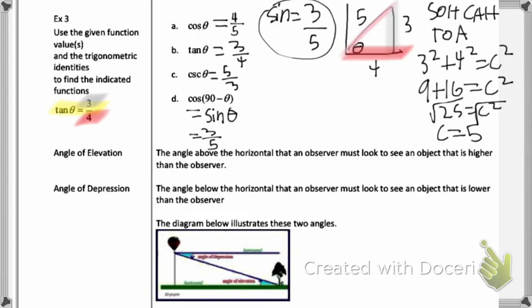So let's highlight. This side over here is the angle of depression because it's going down. Whenever you feel down, you feel depressed.